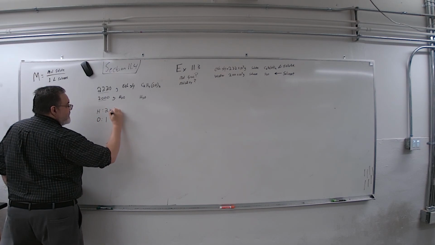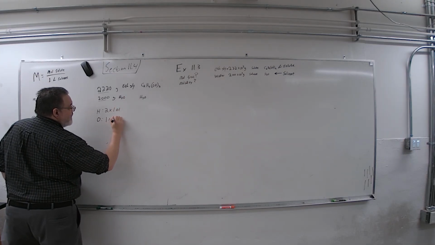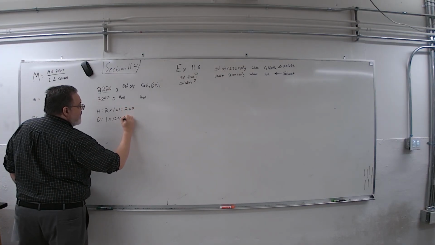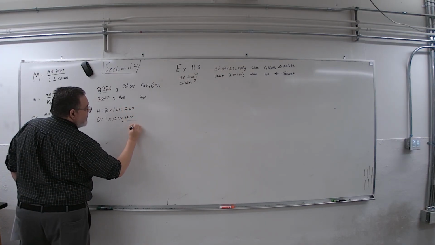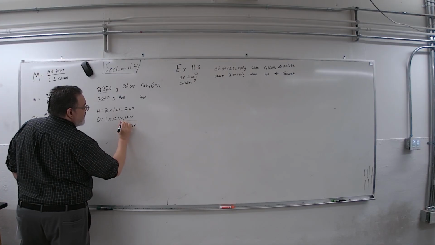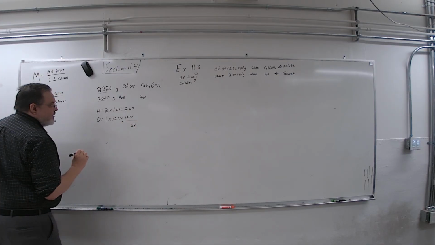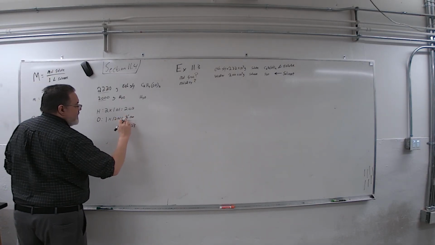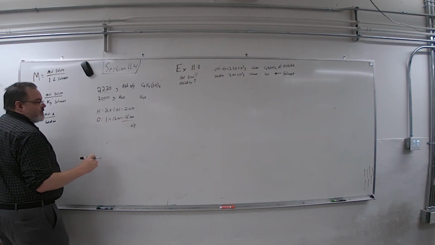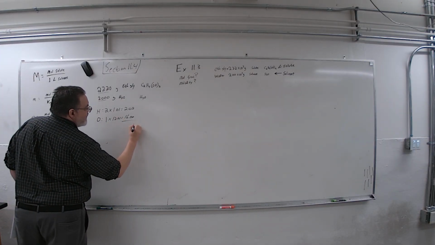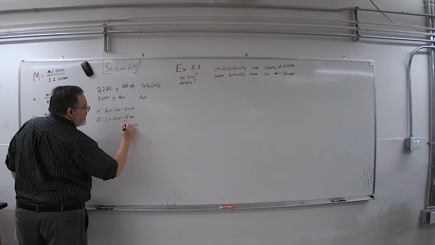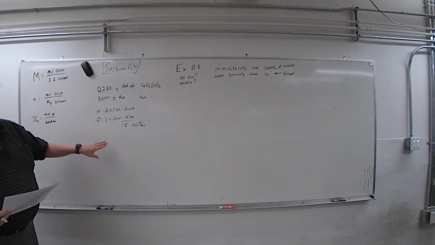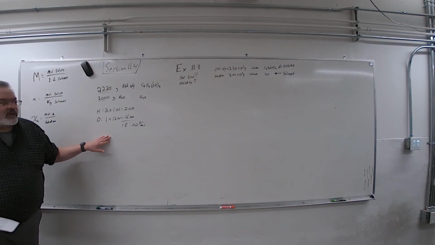If you look on the periodic table, you get 1.01 here, 16 there. You add them up. So 16 for oxygen and 2.02 for hydrogen, and then we get 18.02. So you understand what I did here? Just found the molecular mass.